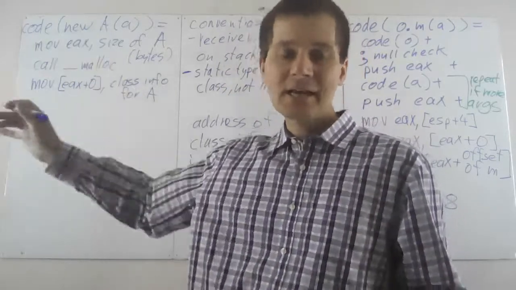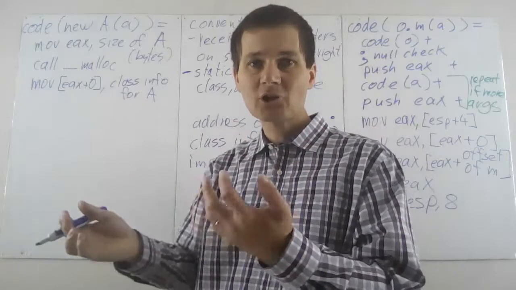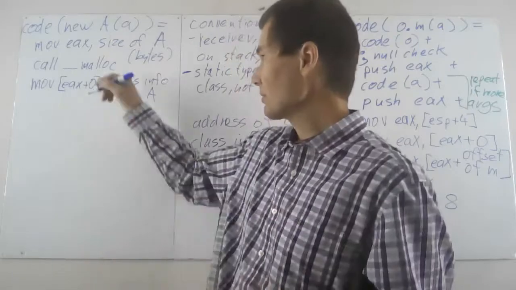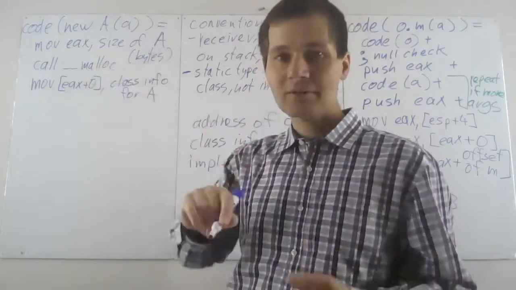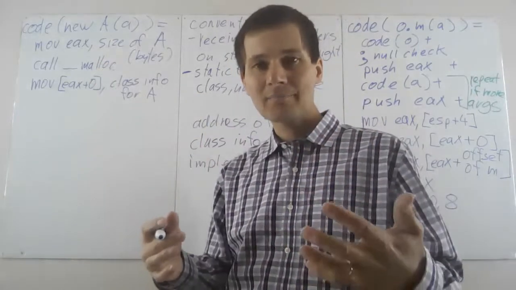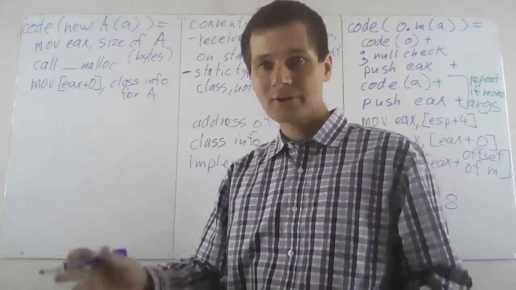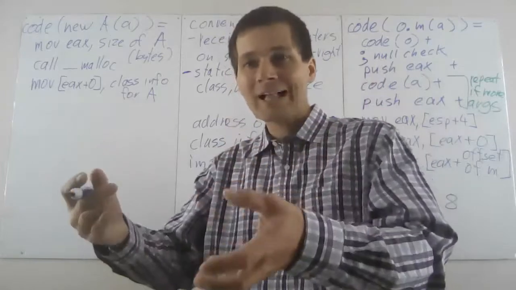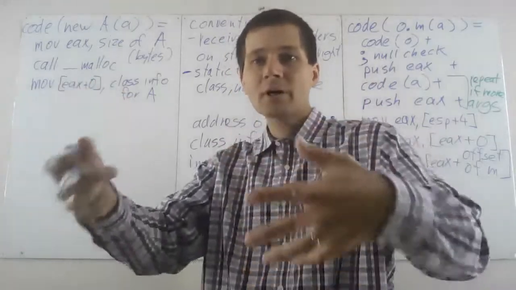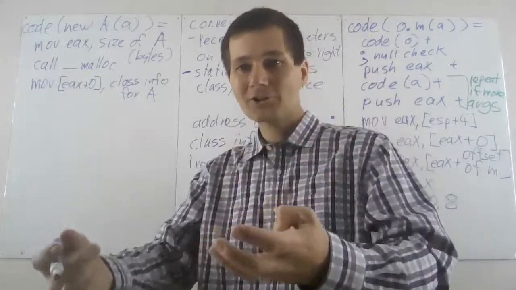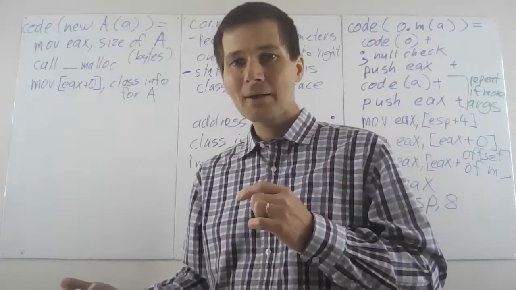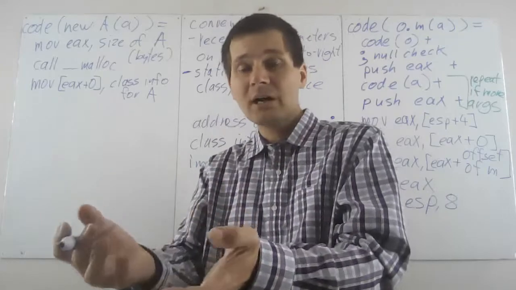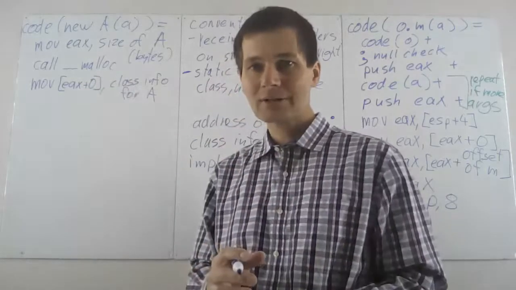Instead, I'm going to do that initialization inside the constructor itself. The space that malloc gives us is already zeroed out, so all the bytes are zeros, which is what the initial value should be before you actually initialize a field. But I'm going to implement the field initializers inside the constructor itself.